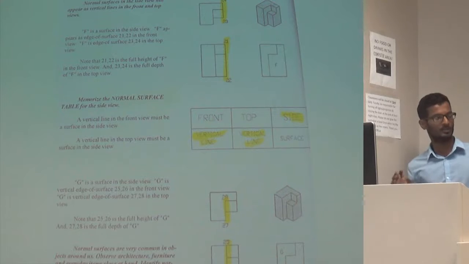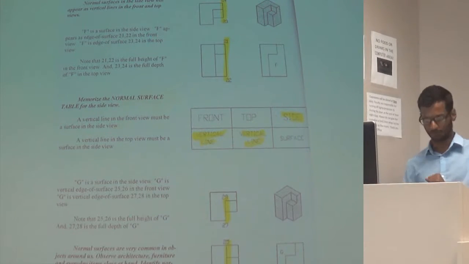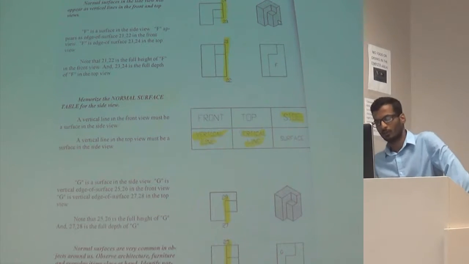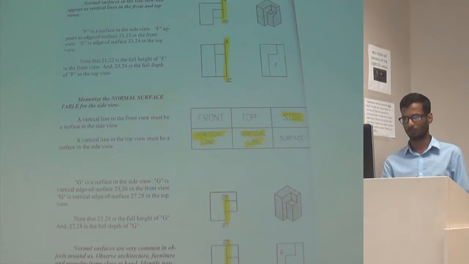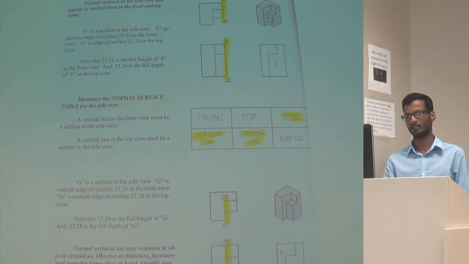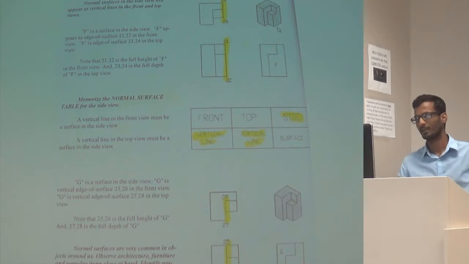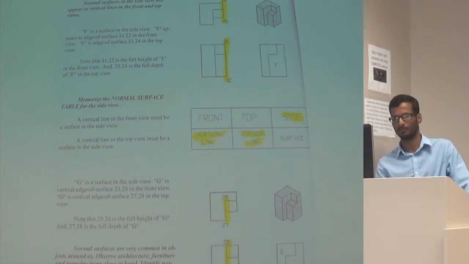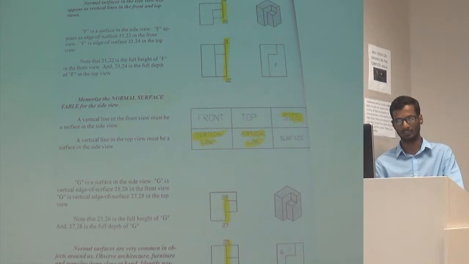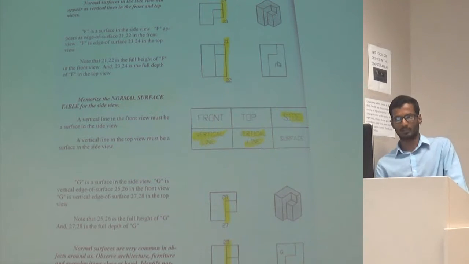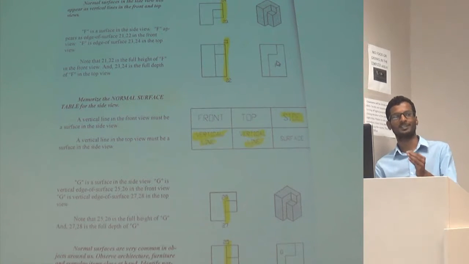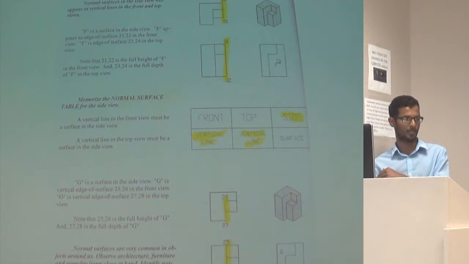Alright, so let's see normal surfaces from the side view. From this 3D model, I have two surfaces which are normal: surface F and surface G. Surface F is a surface on the right side.